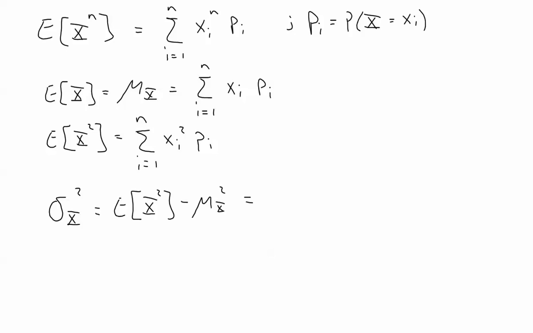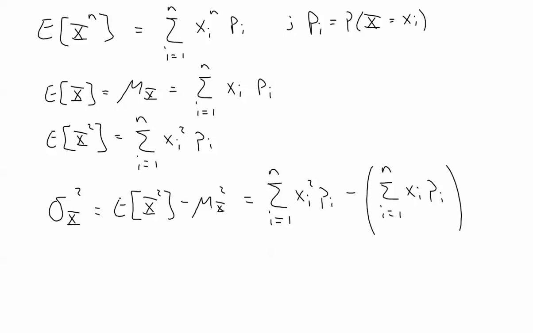Very simply, that is summation from I equals 1 to n of x sub I squared times p sub I minus the square of the quantity there. Pretty straightforward. All right.